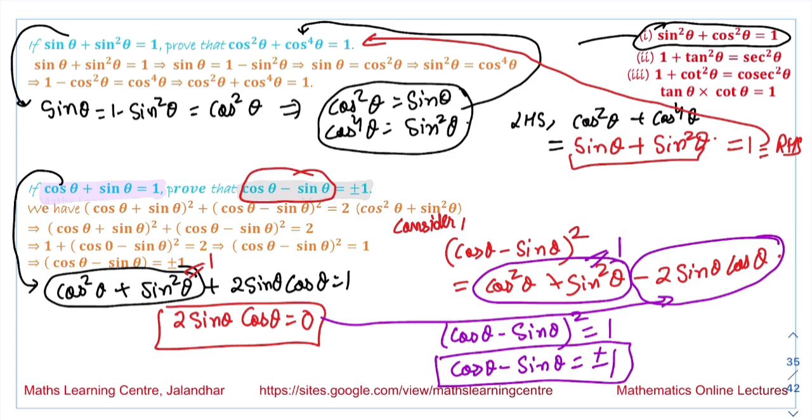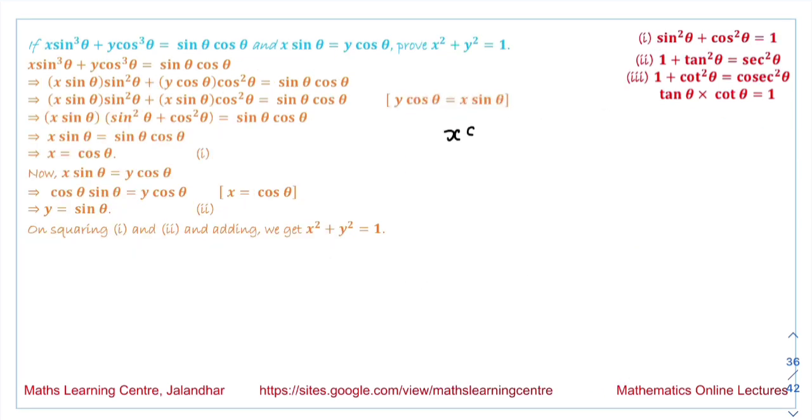Now next we have, if x sine cube theta plus y cos cube theta is equal to sine theta into cos theta, and x sine theta is equal to y cos theta, we have to prove that x square plus y square is equal to 1.